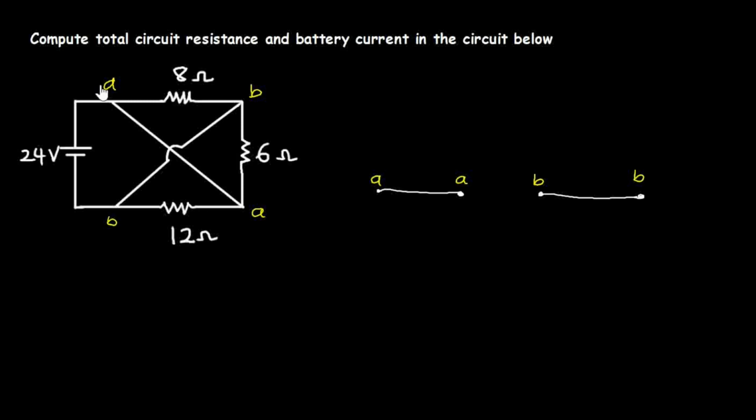Looking at node A and B, I have an 8 ohms resistor connected in between. And then between A and B again, I have 6 ohms connected in between. Between A and B here also, I have the 12 ohms resistor connected in between.